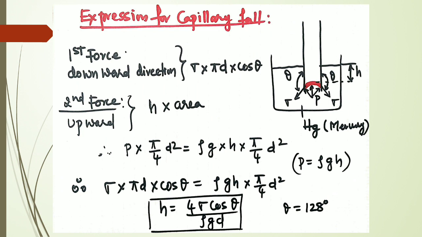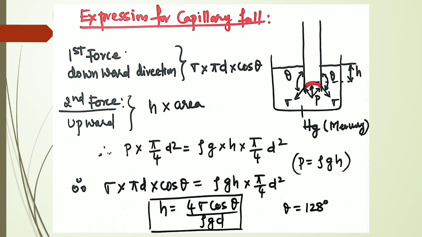The first force, in the downward direction from top to bottom, is sigma into pi d into cos theta. The second force is upward, from bottom to top, that is the pressure into the area of the tube.